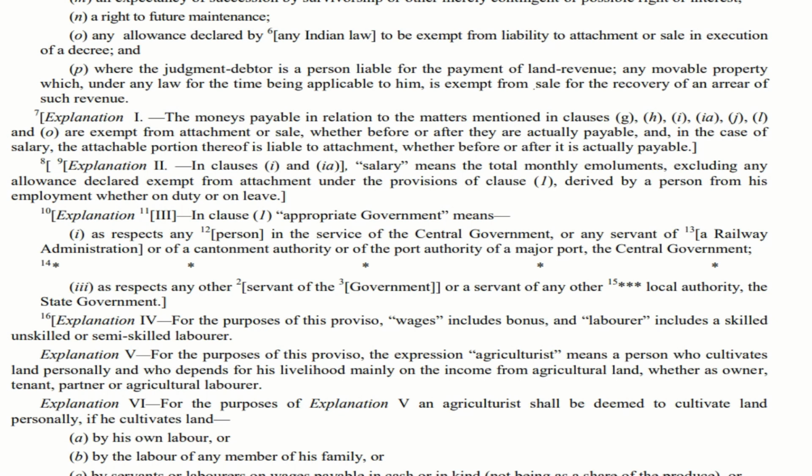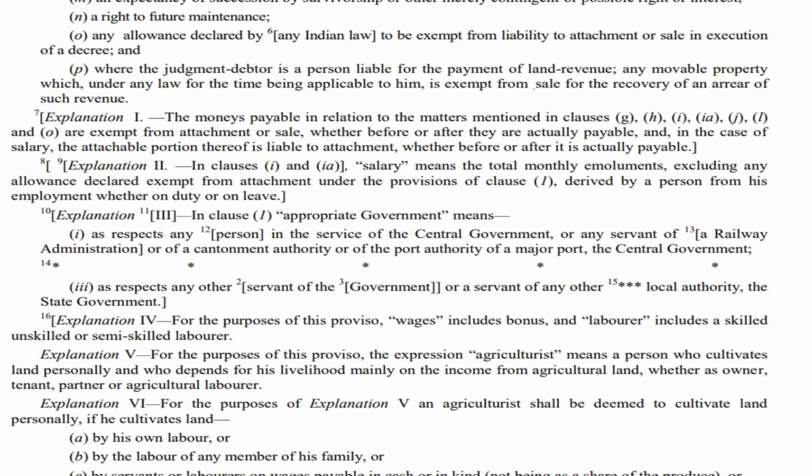It will be paid only after the completion of 1 month. So, after completion of 1 month, I'll be getting the salary in a future date. So, it is actually payable only after 1 month. So, this can be attached even before that period. In December itself, this can be attached, though the money is payable only after. So, in certain cases, if it is payable before also, it can be attached.